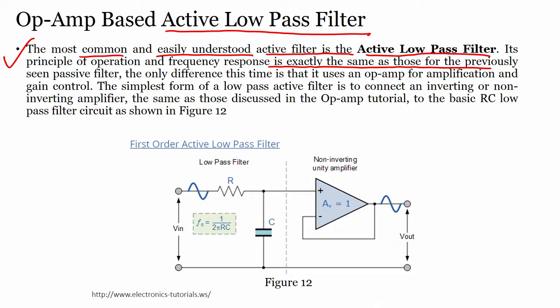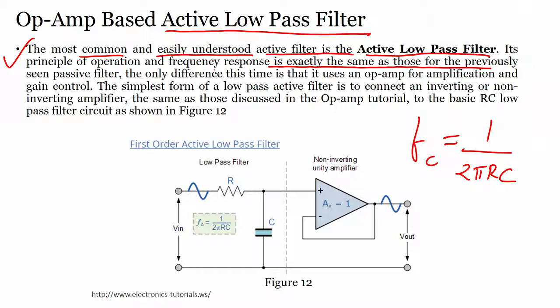If I want to derive the equation, the cutoff frequency formula for the passive low pass filter is Fc equals 1 upon 2 pi RC.